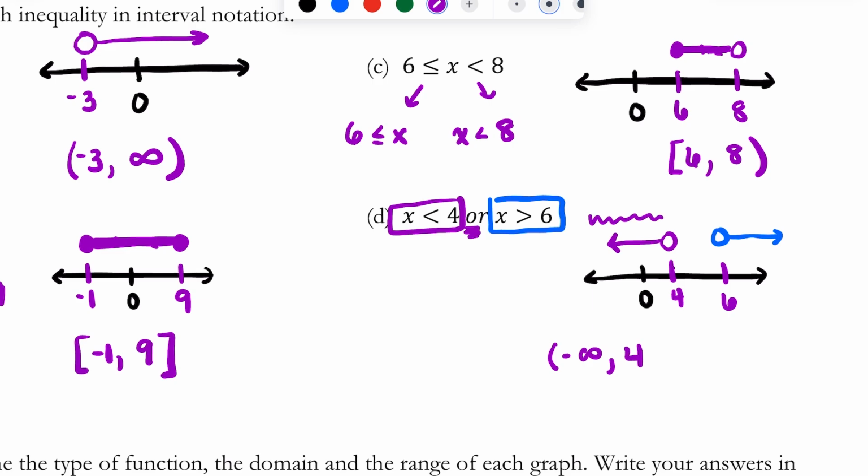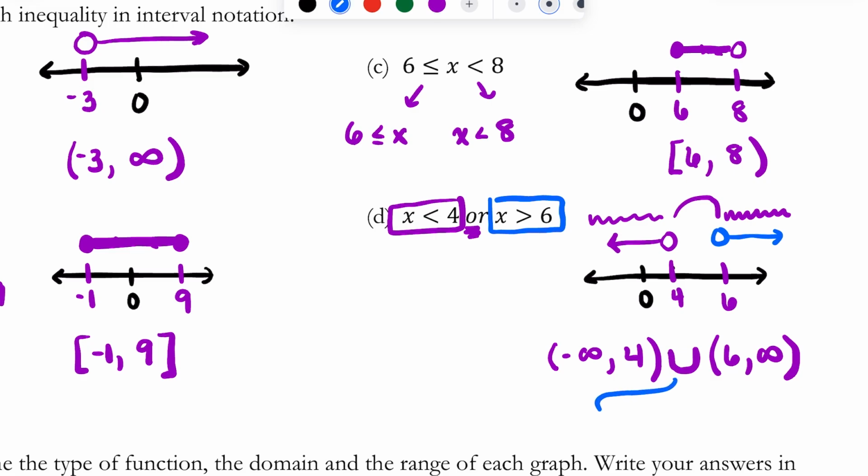So I'm going to put 4, and then I put a parenthesis, but then I have to jump to 6, where I have another parenthesis since it's an open circle, and I keep on going off to positive infinity. So I have these two different intervals, but I know that my answer can be in any of those intervals. So I'm going to connect them with this U sign, which is our union sign.